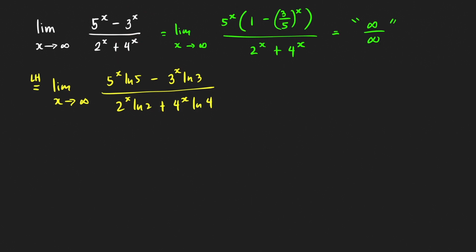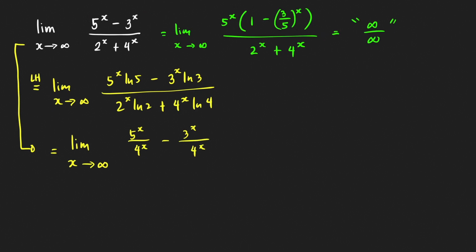So what we can do here is to first divide the numerator and denominator by the dominant term in the denominator, which is 4 raised to x. So we'll get 5 raised to x over 4 raised to x minus 3 raised to x over 4 raised to x, all over 2 raised to x over 4 raised to x, and then plus 4 raised to x over 4 raised to x.